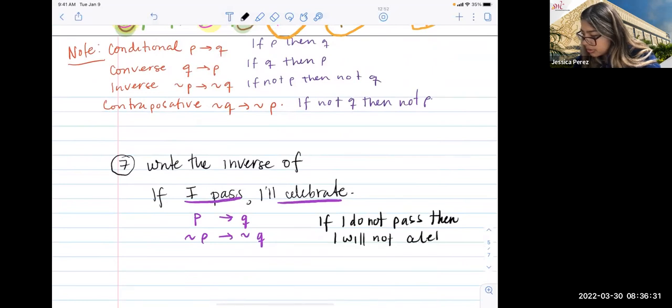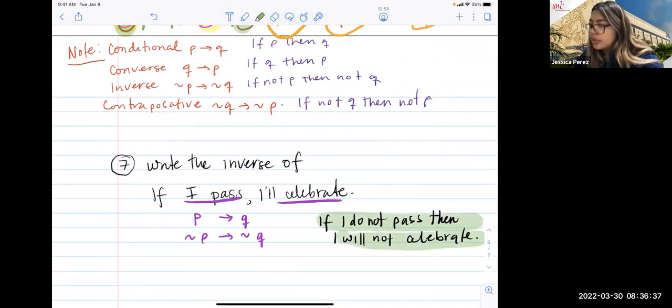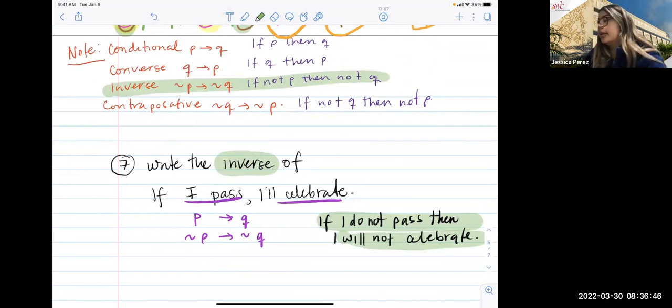So that is your solution. You are doing the inverse. The inverse says if not P, then not Q. So if I don't pass, then I will not celebrate.